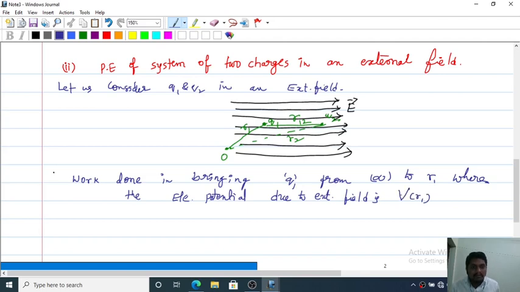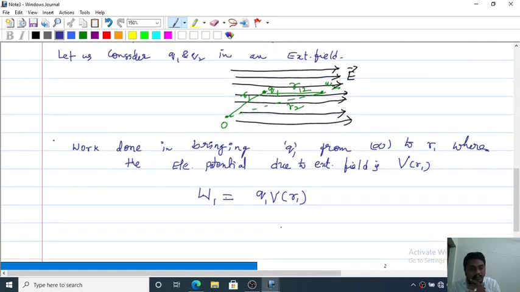V is the electric potential due to external field, and we have to calculate the electric potential at a distance R1 with respect to R1. Therefore, this work done can be written as W equals W1 equals Q1 times V of R1; we are bringing Q1 and placing it in the electric field at distance R1, where the electric potential due to external field is V of R1. It will be equation number 1.